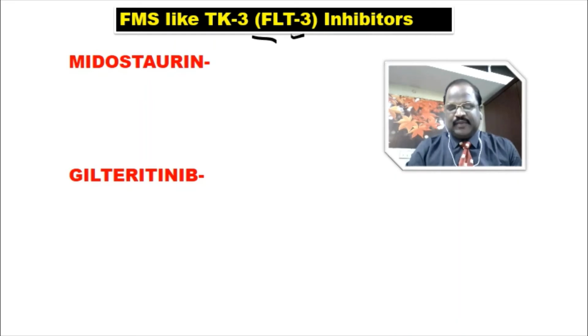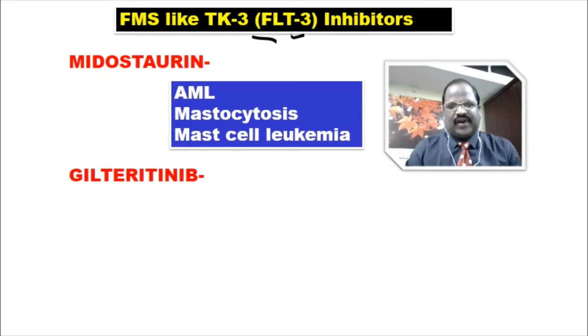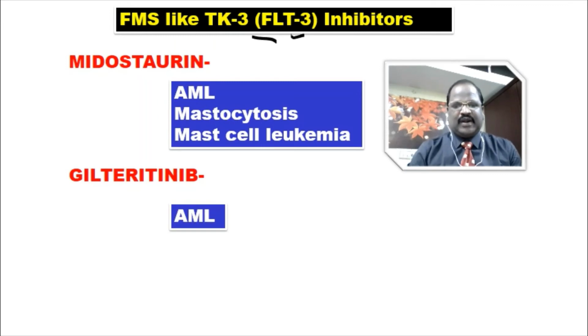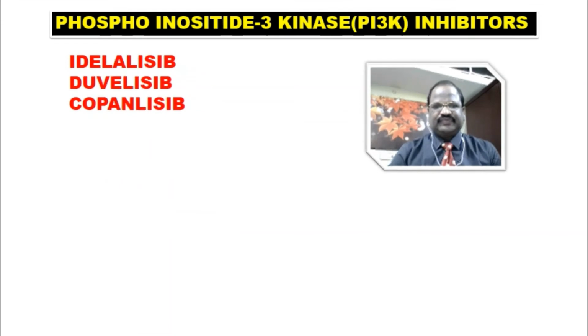In this, midostaurin is useful for treatment of AML, mastocytosis, and also mast cell leukemia. Whereas the newer drug, gilteritinib, is useful for treatment of AML. So we should know midostaurin and gilteritinib are FMS like TK3 inhibitors.